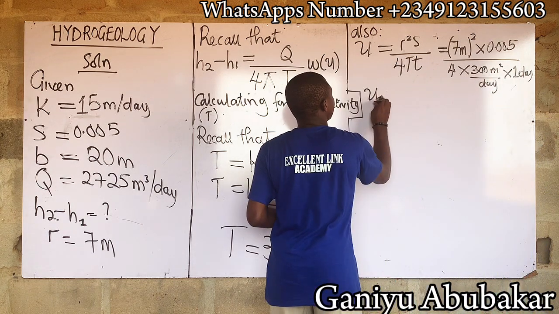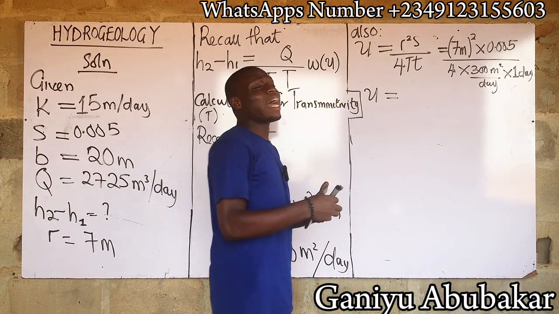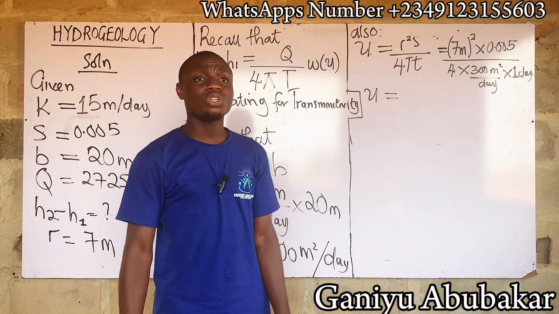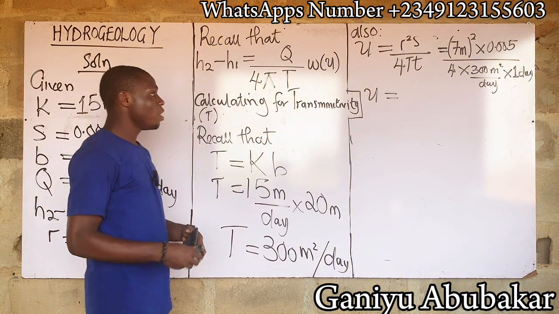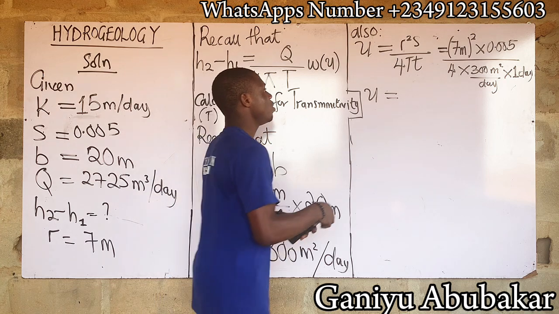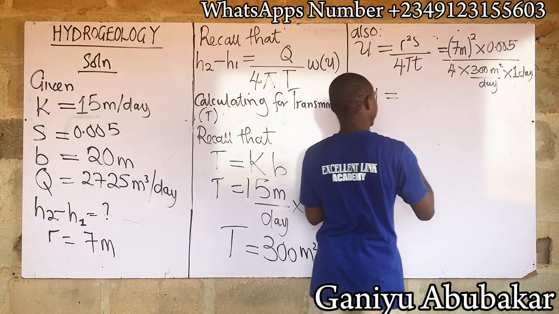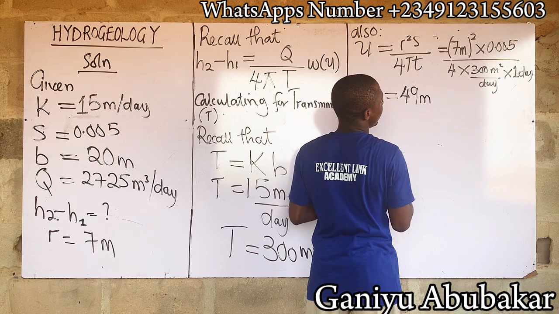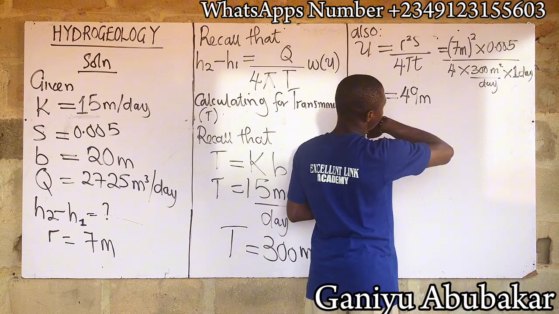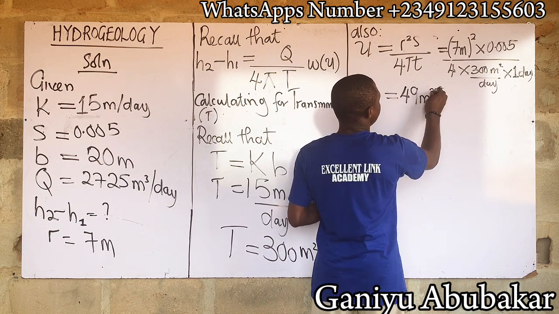So U is equal to, by the way, you must be asking, what is U? U is called the initial velocity flow, please. All right, from here now, 7 squared is of course 49 meters squared.